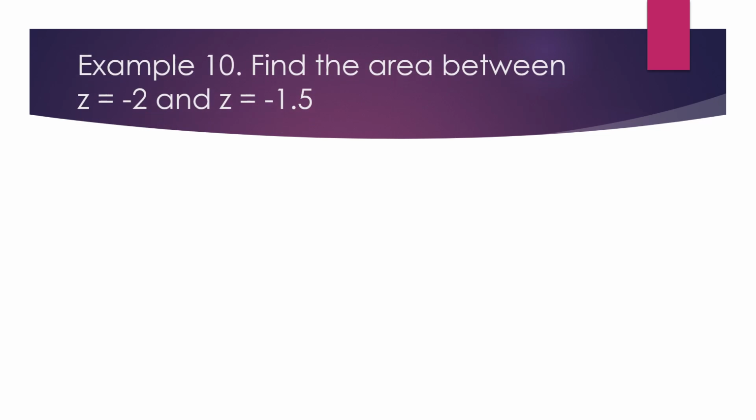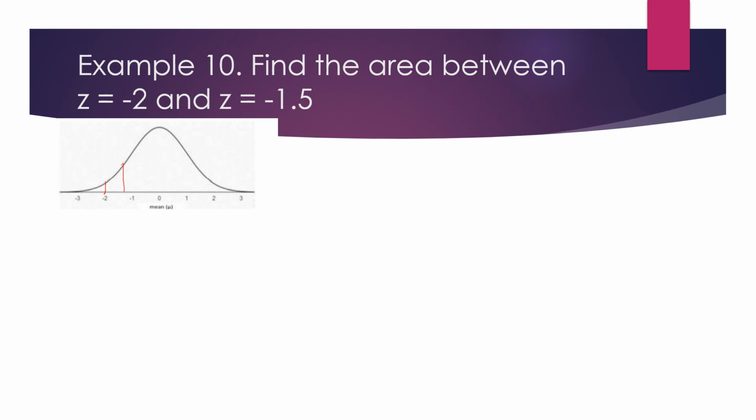Find the area between z equals -2 and z equals -1.5. In this case, it has another condition. The region is between two z values, -2 and -1.5.